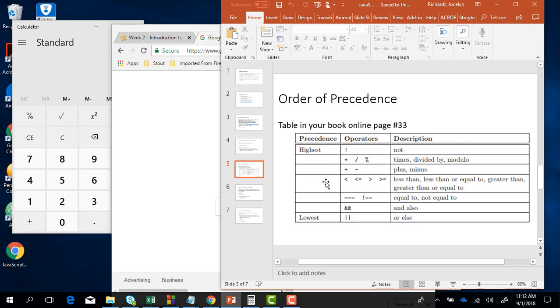Then we do the comparisons, then we do the equals comparisons, and then we do these Boolean operators. So we're going to talk about all these operators in detail in this class, but for right now I want you to understand the multiplication, division, modulo, and the plus and minus.